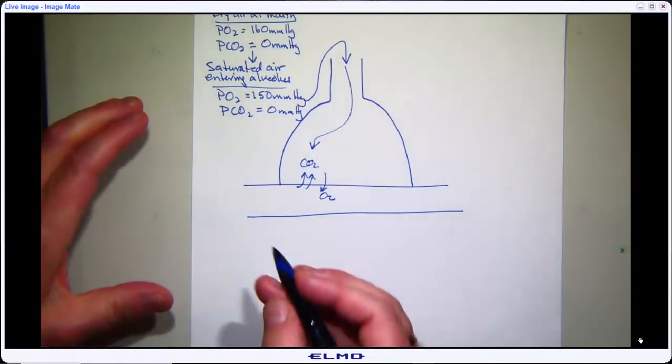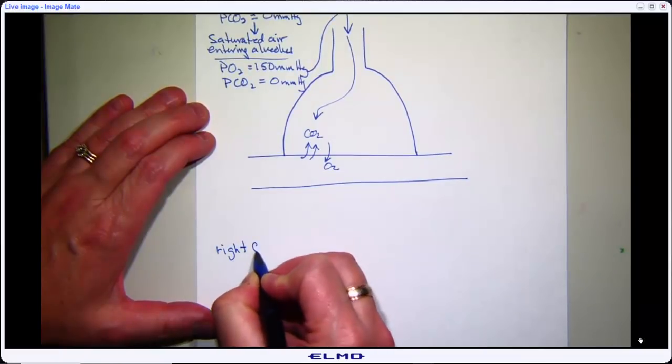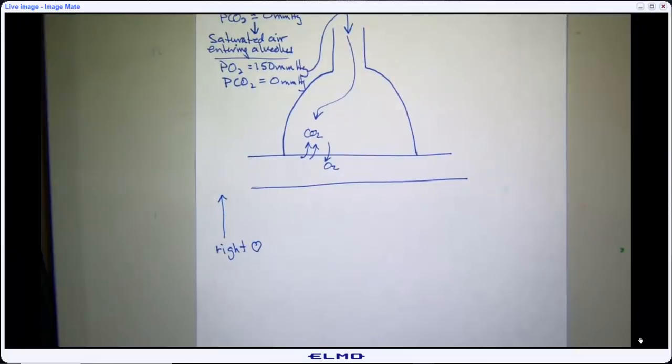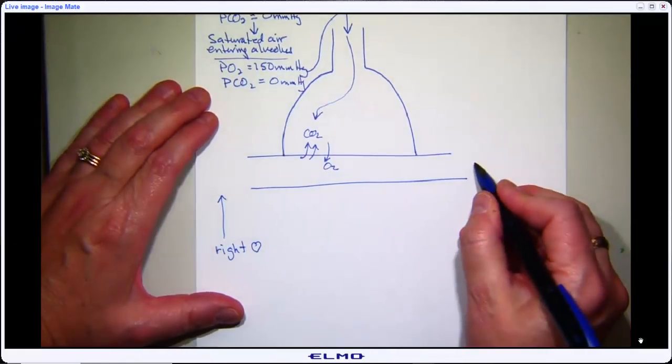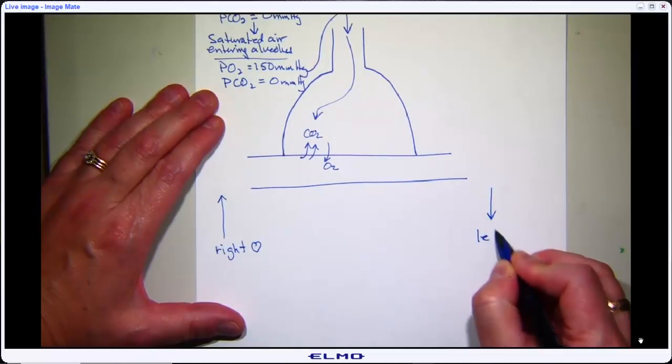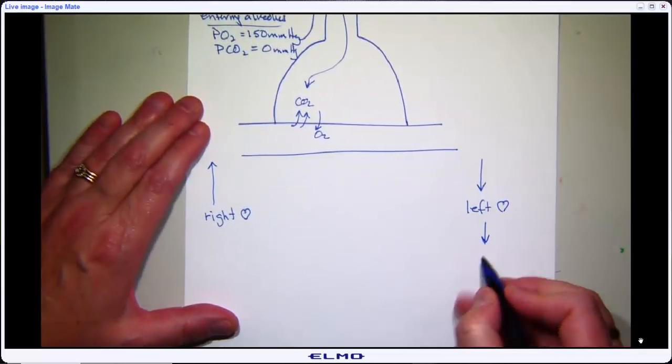All right, so we have the right heart bringing blood to the pulmonary artery, past the alveolus, out into the pulmonary vein, right? Down to the left heart, into systemic arteries.